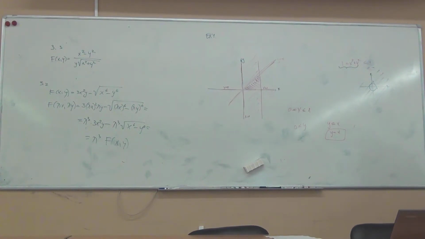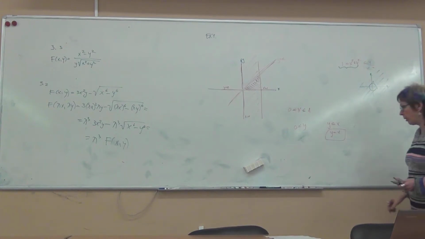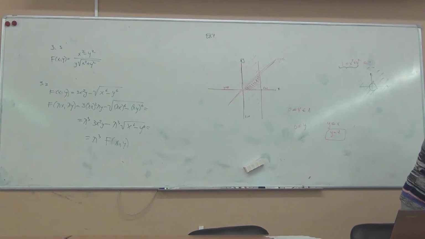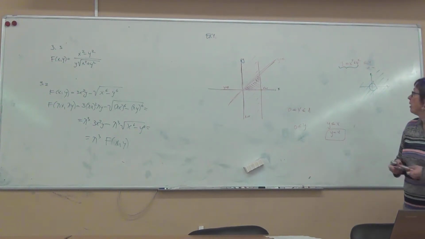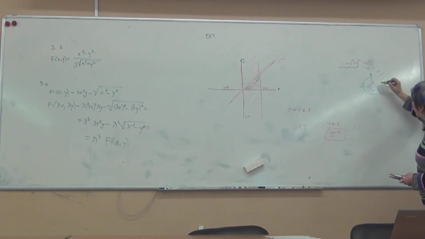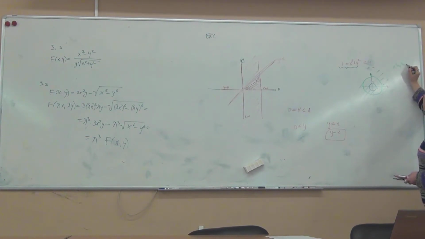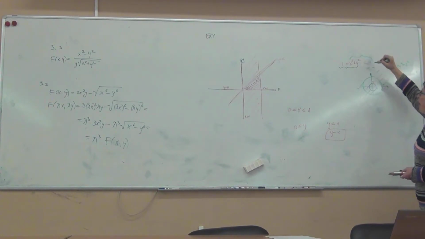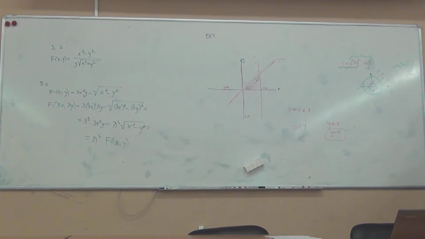Now the second inequality would be a circle with radius 2, because x squared plus y squared equals 2 squared. And if this has to be less than 4, then the points are inside the circle.